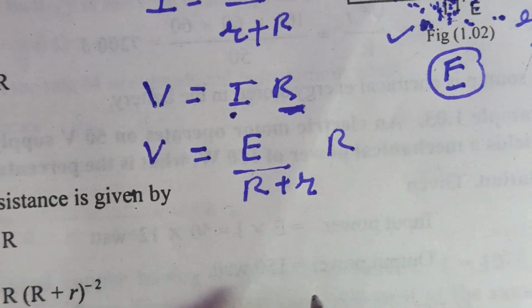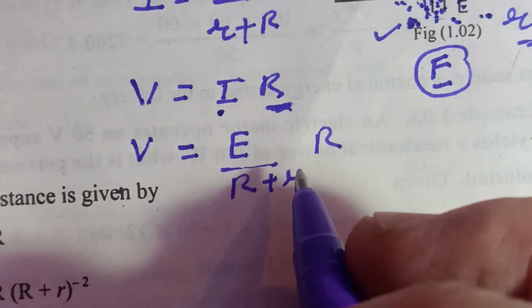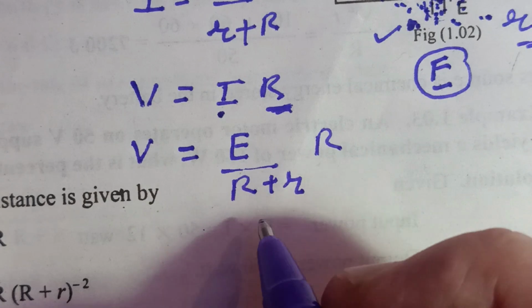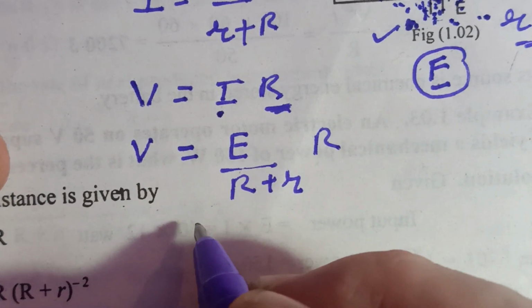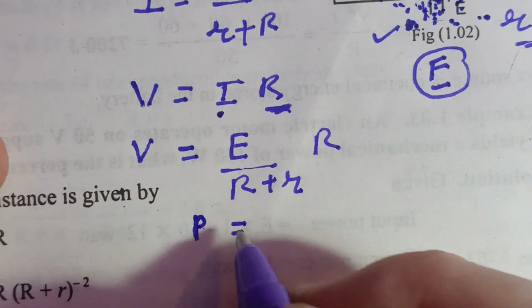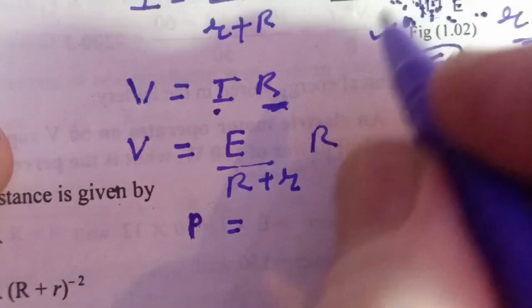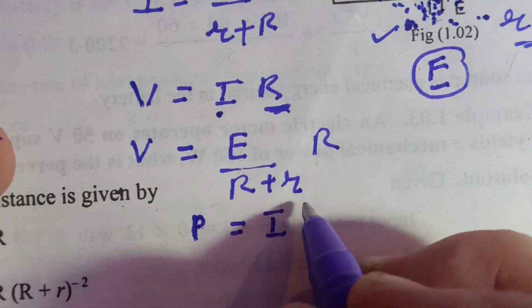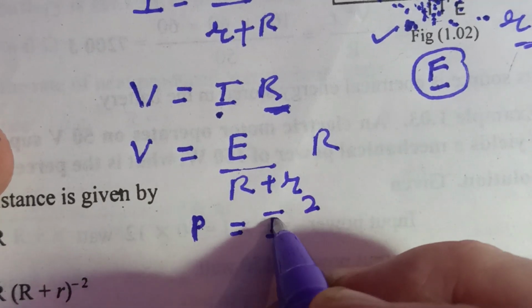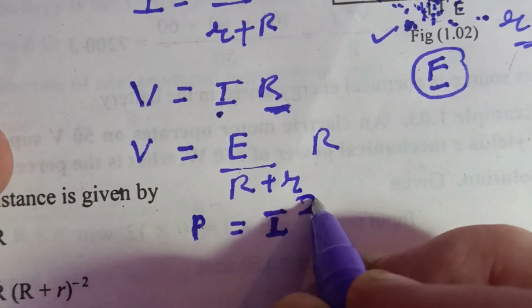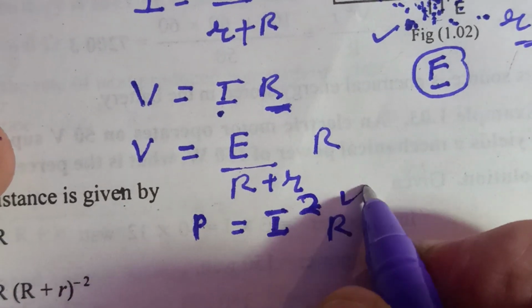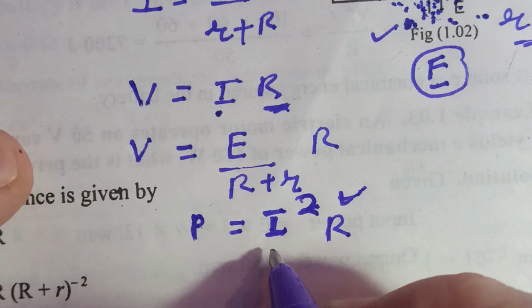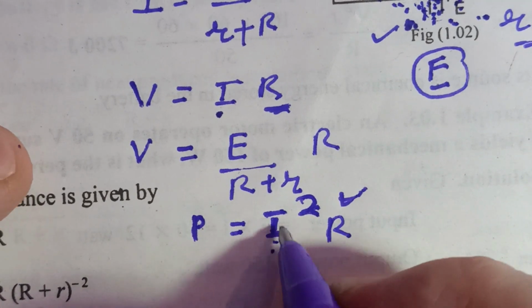Now you know very well the formula of power. Power delivered to capital R is I square R. But what is the current?